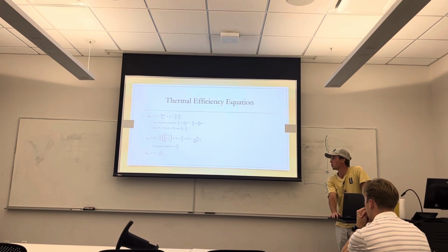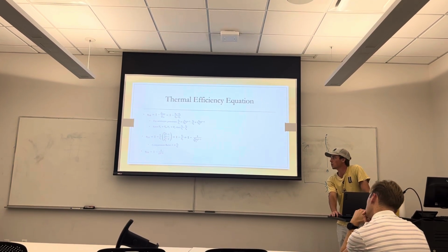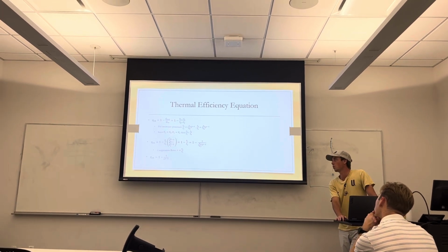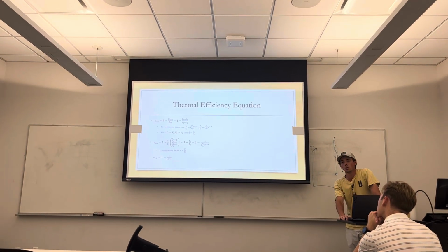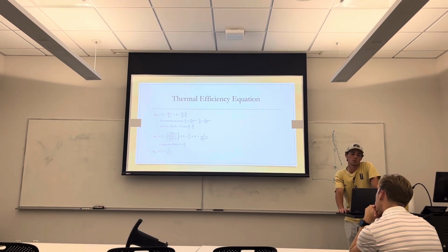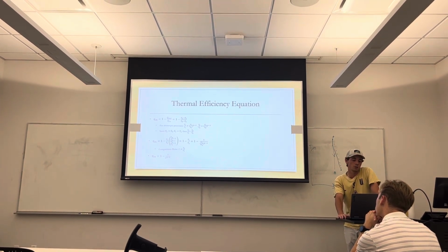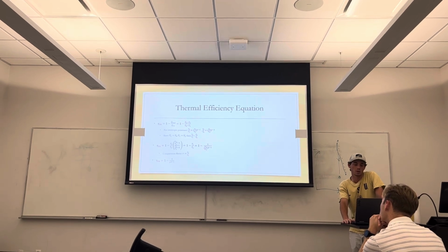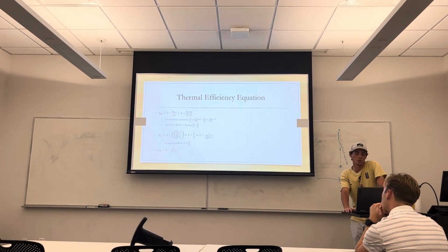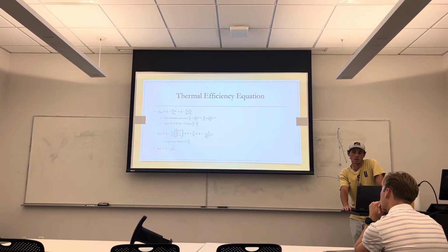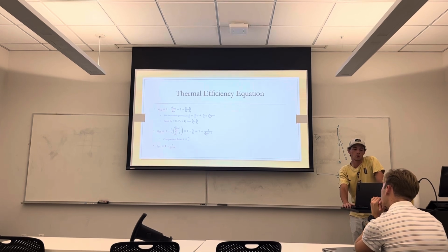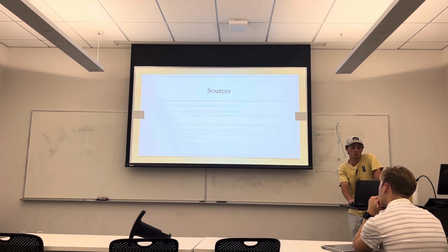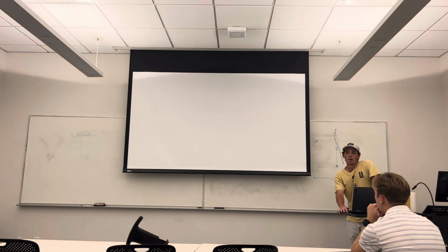This simplifies everything down to thermal efficiency equals 1 minus 1 over your compression ratio to the power of your specific heat ratio minus 1. That's what you use to determine how your Otto cycle engine performs. That's it.